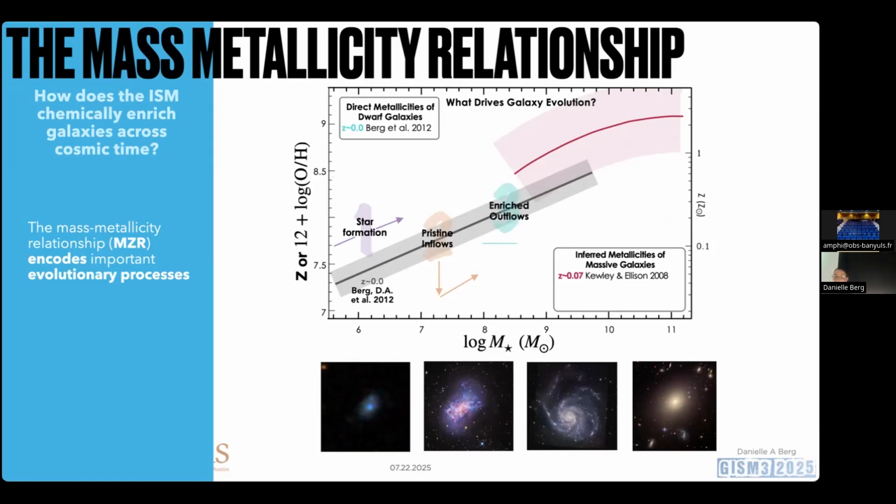If we have a lot of enriched outflows, you might actually preferentially lose oxygen from your galaxy, okay? Because your supernova could kick out a bunch of oxygen and maybe entrain some of the gas, but that's still the same abundance pattern, and kick it out. And so you would have increased how many stars you have in your galaxy, but you wouldn't necessarily increase your oxygen abundance relative to hydrogen.